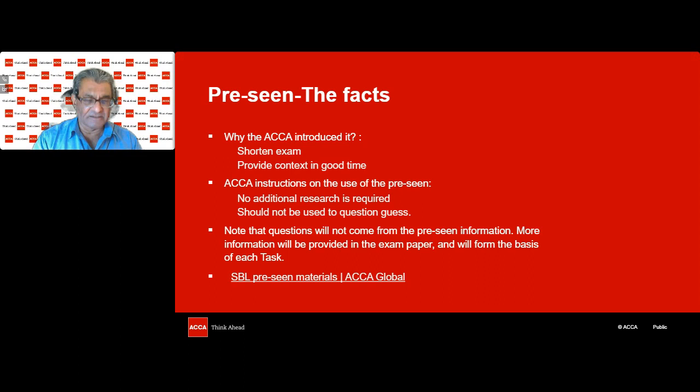Having said that, if in the pre-seen you are given, for example, a board of directors chart, where you're told who the executives are and the non-executives and so on, then it's more than possible that in the real exam there'll be something on corporate governance.